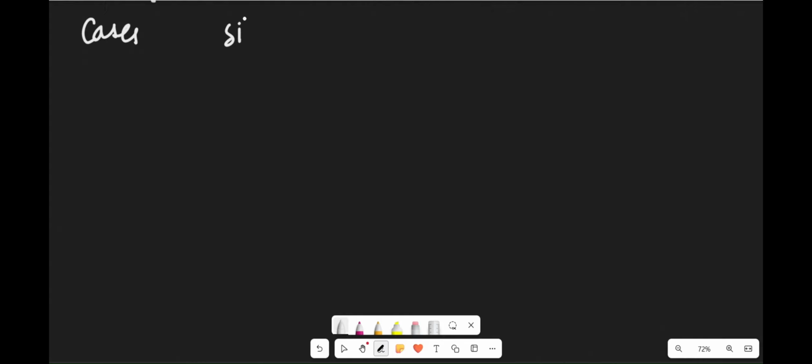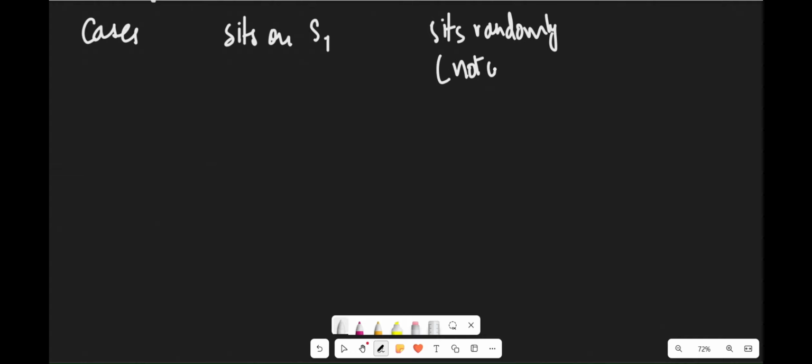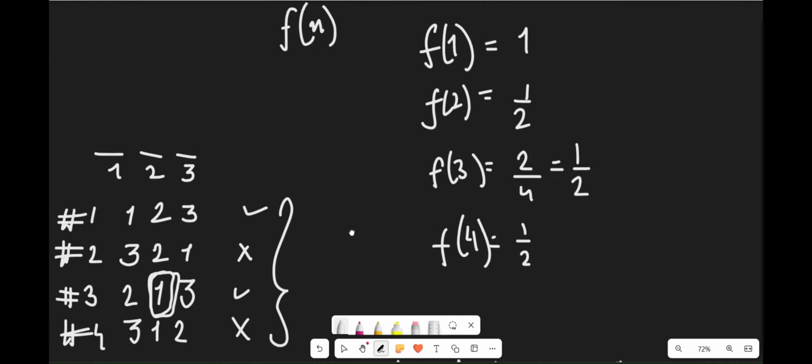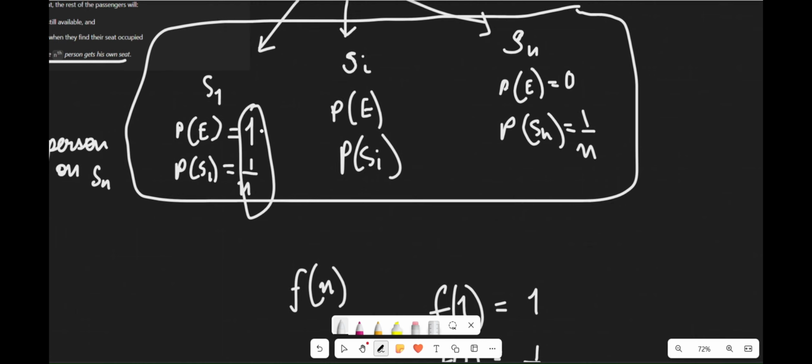First sits on S1, sits randomly but not on S1 and Sn, and sits on Sn. Now our function would be: we'll multiply these two, multiply these two, multiply these two, and we'll add them.